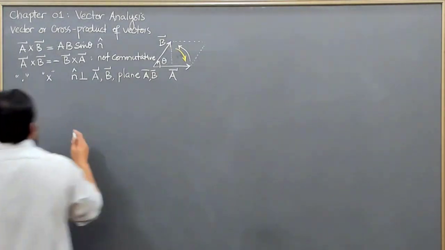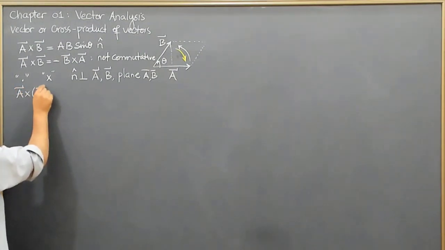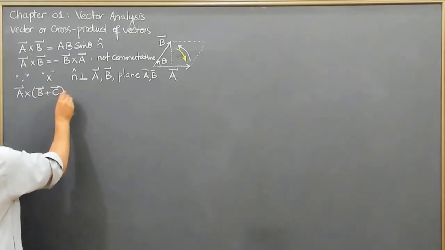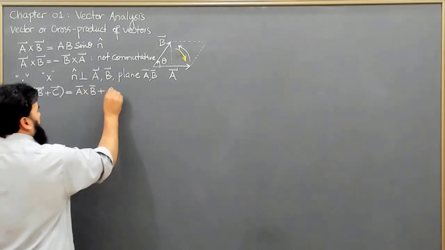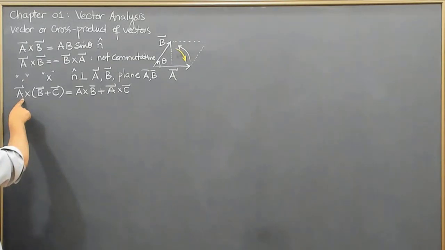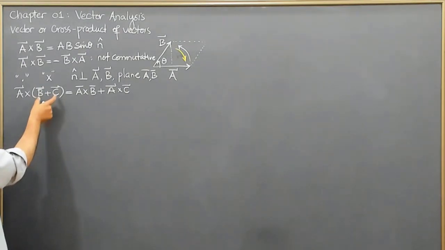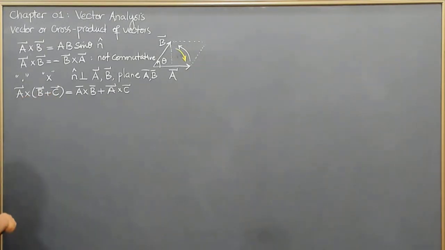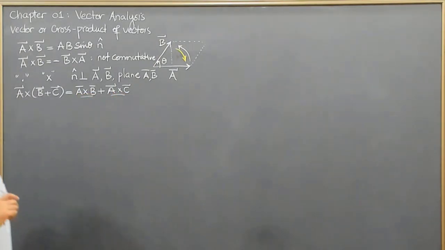If I write, let's say, three vectors, and A cross the sum of B and C, this is equal to A cross B plus A cross C. Meaning if we are having a cross product between three vectors such that two of the vectors are being added, if they are added first, their addition will be another vector, and then its cross product with vector A will be equal to taking the cross product with one vector, then the cross product with another vector, and then adding those vectors.